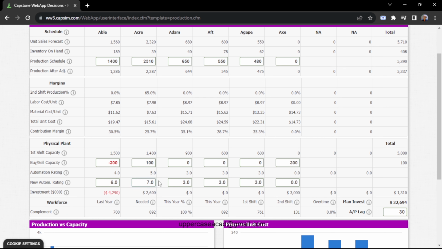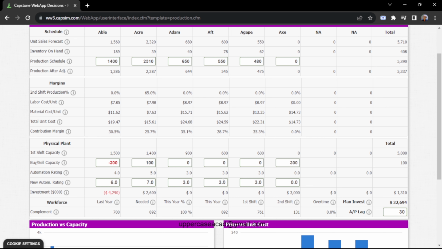So in this simulation, with this low end product, make sure that you are automating it as fast as possible, because you want to reduce the labor cost and you want to make some margins.